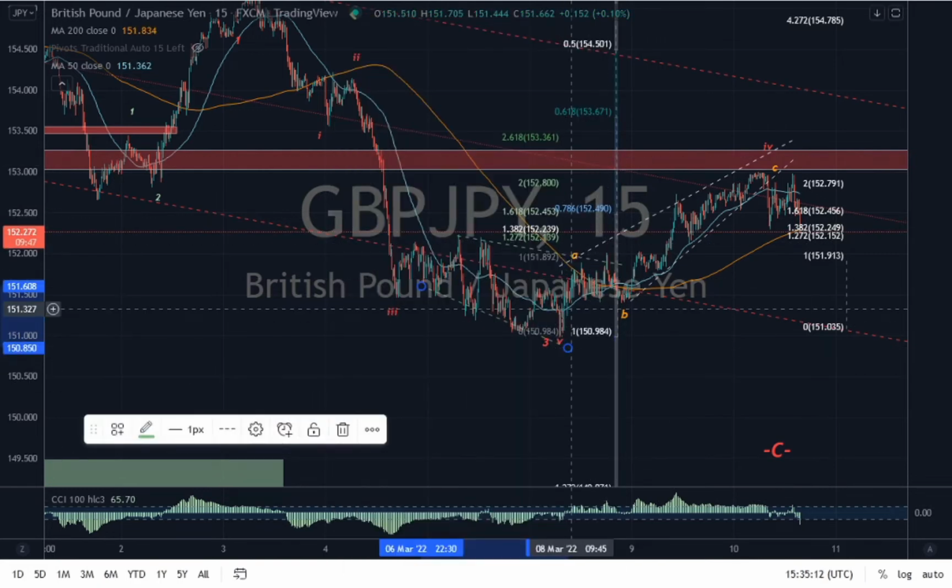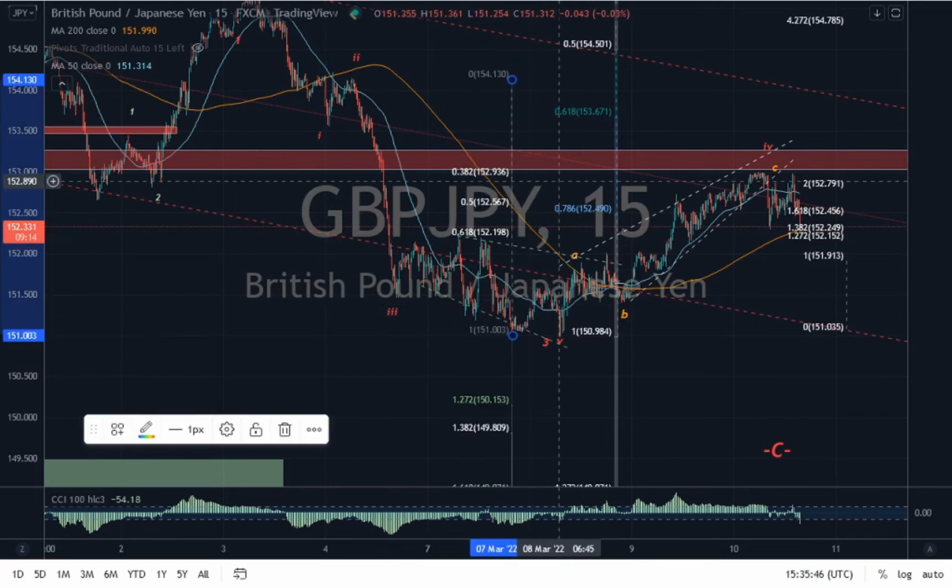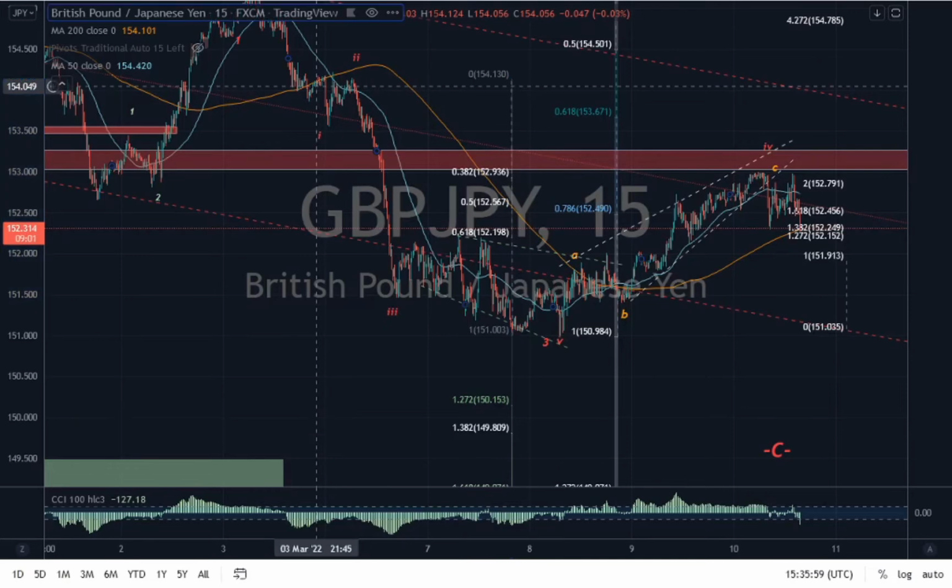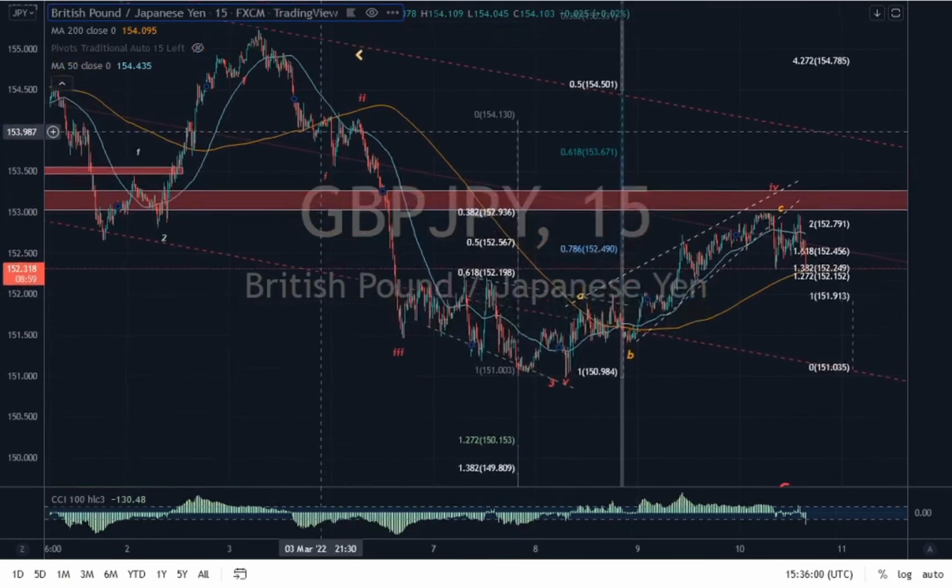We just want to take corrective fibs now to see how far this corrected. We corrected exactly 38.2%, 153. We didn't get a fill at 153, so we just did 152.99, which is 38.2%.